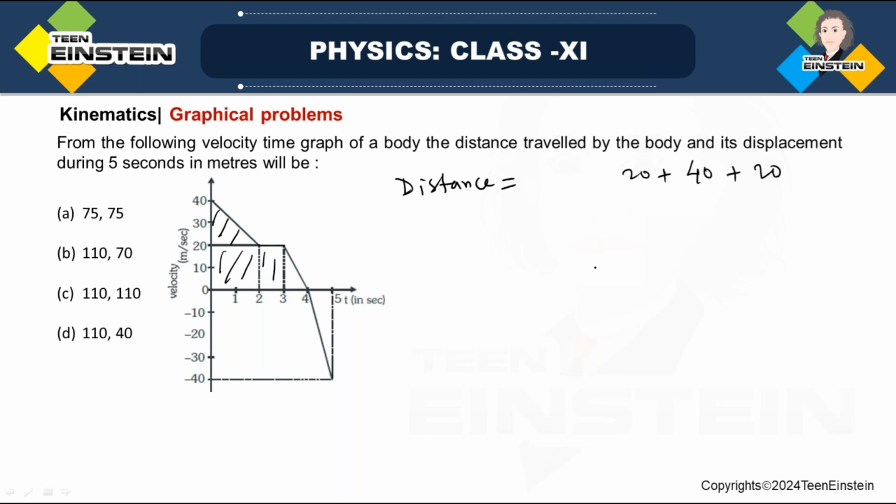Okay, so this part is half, see half base is 1, height is again 20.